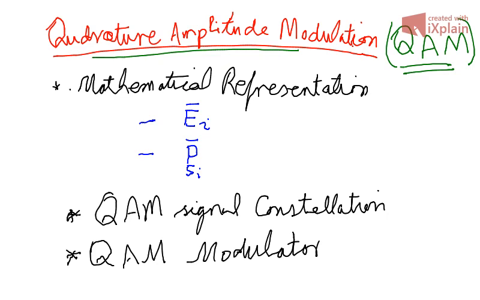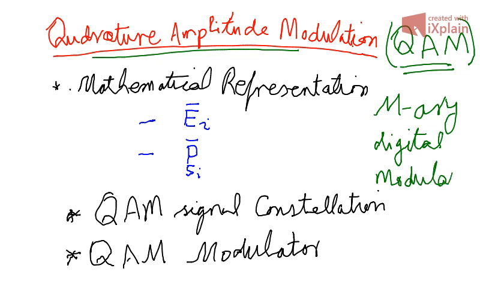It is an M-ary digital modulation scheme, and you are familiar that this M is actually an integer which is equal to 2 raised to the power k, right?